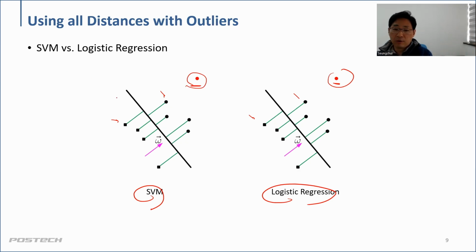The question is, for SVM, if we include these new outliers, is the boundary going to change? And the second question is, for logistic regression, is the new classification boundary going to be the same or change if we take another outlier data point into consideration?